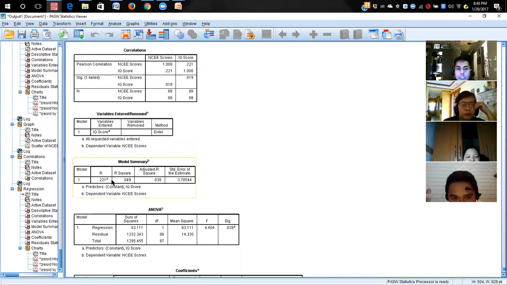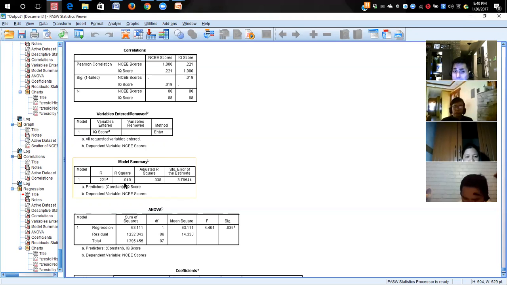Here, the model summary. What this means is that the R value is 0.221 and the R square is 0.049. What does this mean? Remember that the R square is how much the independent variable accounts for the result on the dependent variable. So it only accounts for 4.9%, because the R-square is the shared variance between the two variables, your independent and your dependent variable.